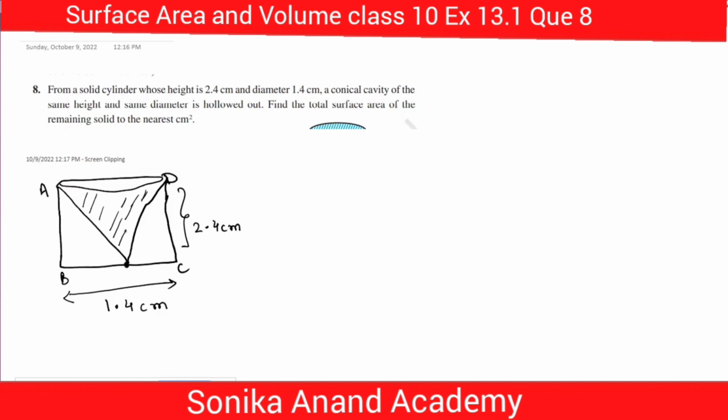So listen, whenever we hollow out something, whenever we put anything on something, always we add all the surface areas. Firstly, I'm going to collect all the data. For the cylinder, height of cylinder is 2.4 centimeter.